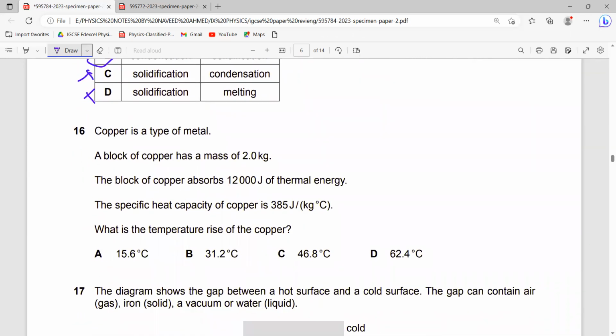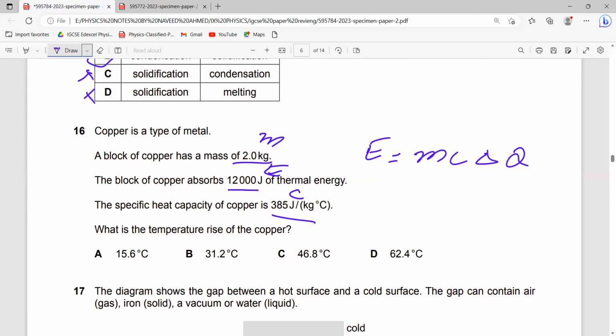Copper is a type of metal. A block of copper has a mass of 2 kg. The block of copper absorbs 12,000 joule of thermal energy, and the specific heat capacity is this. Okay, this is the mass, this is the energy, and this is the specific heat capacity. Now we are using the formula E is equal to mc change in temperature.